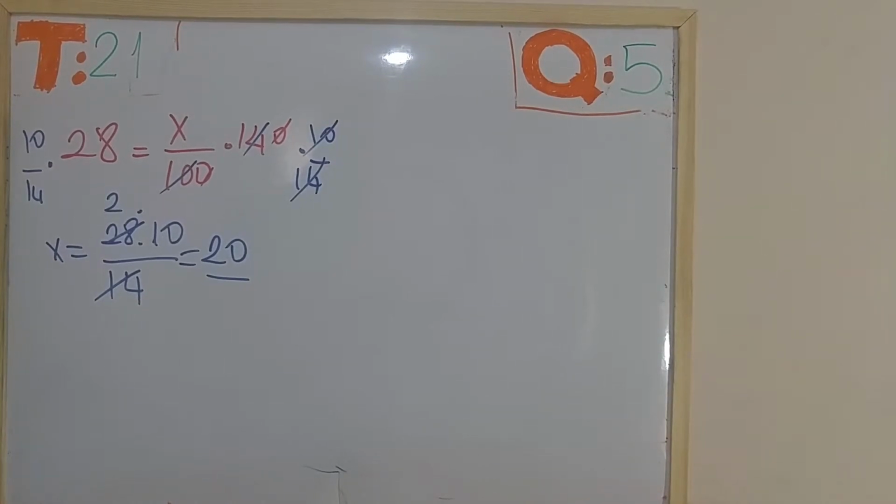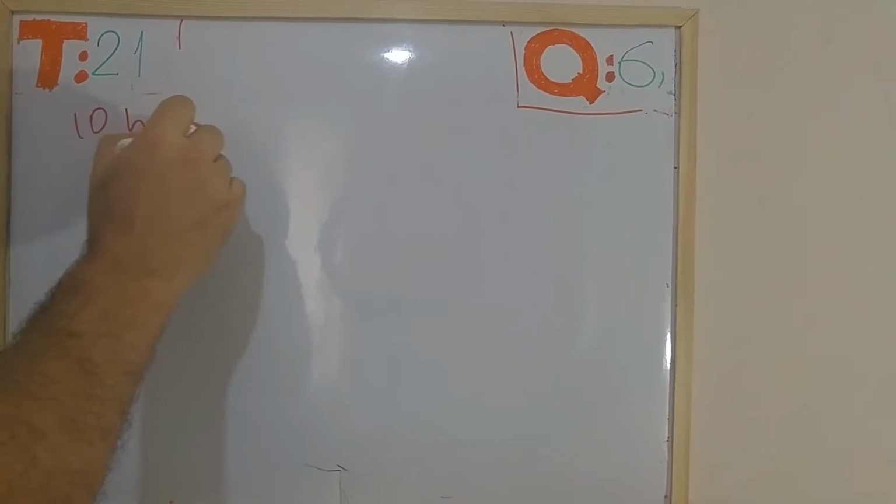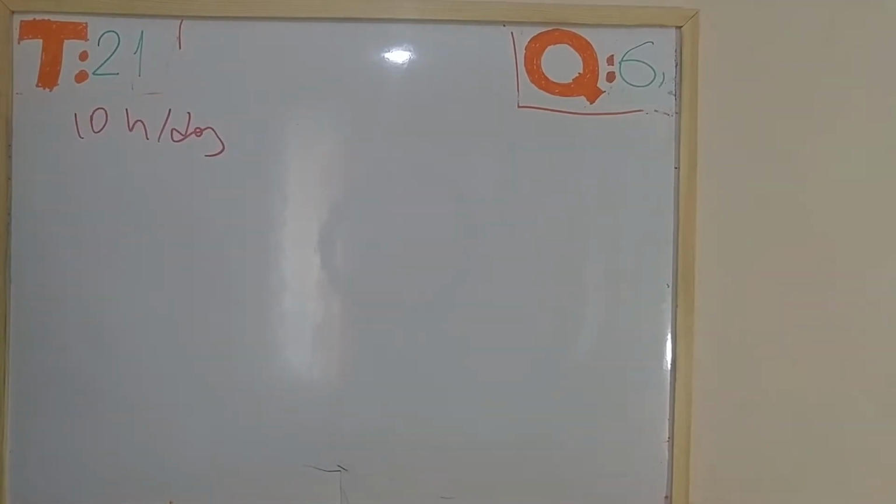20% of 140. James works 10 hours per day, and if he only worked 35% of his workday, how many minutes did he work? So let's calculate this number.